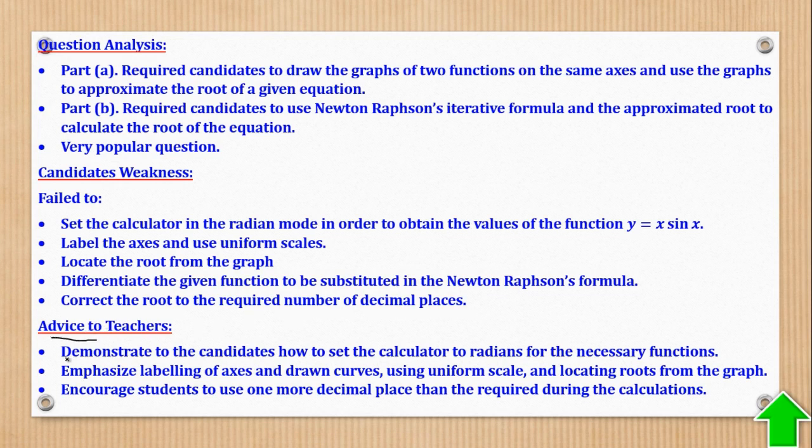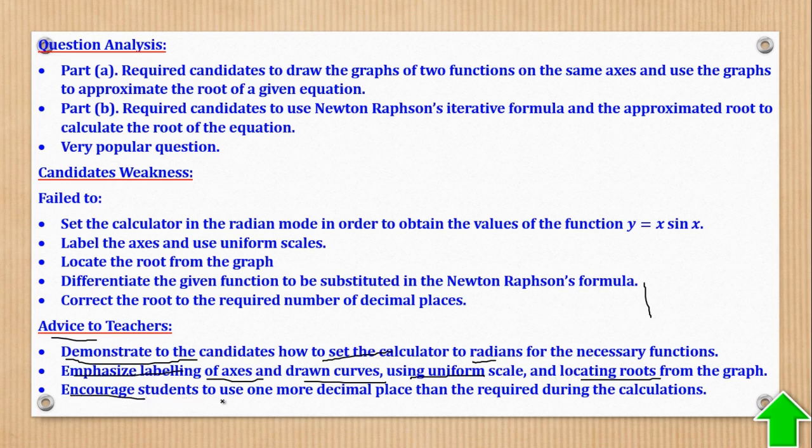Then advise that teachers should demonstrate to candidates how to set calculators in radians. So candidates should know how to set calculators in radians. Then emphasize labeling. So the axes must be labeled, the curves drawn must be labeled, and the scale has to be uniform, and the root must be located on the graph paper.